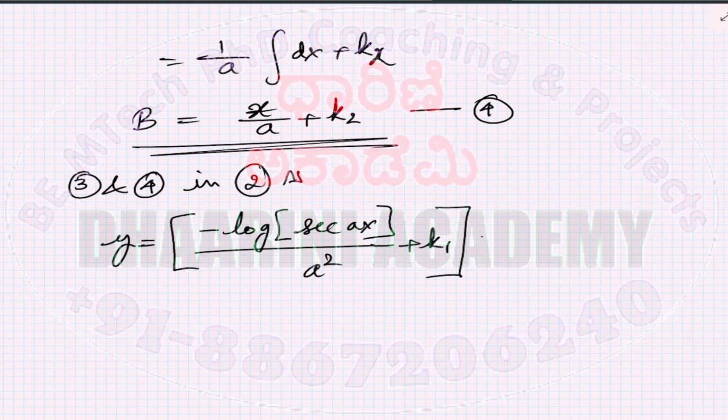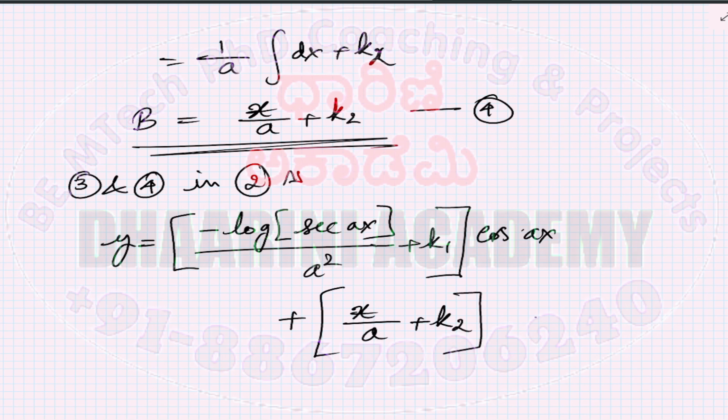This is a into cos ax, that's the first term, plus I should write b now. So b is equal to x by a plus k2 into sin ax. So that's the final answer.